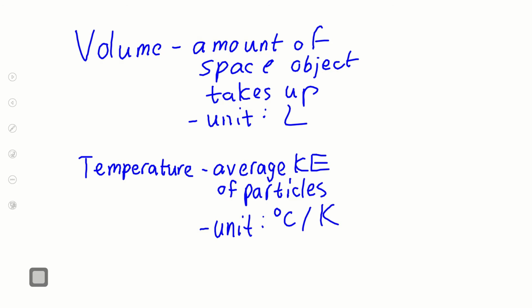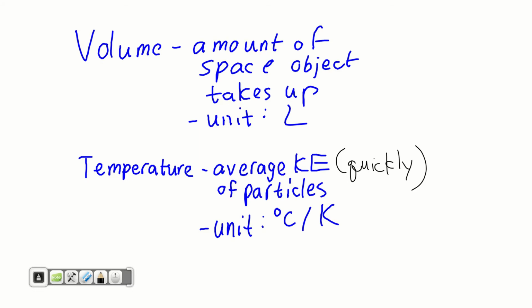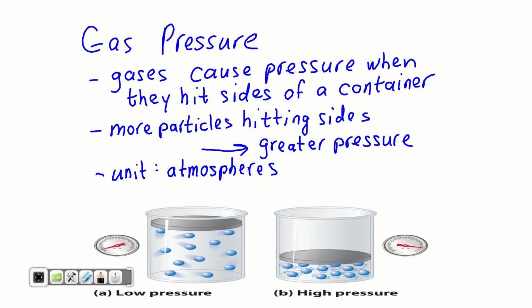That is not referring just to how hot or cold something is, but how quickly the particles are moving, how quickly they are able to move through space. And in any science course, temperature is measured in degrees Celsius or Kelvin. So those two things we already know.